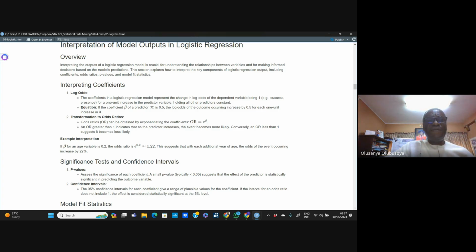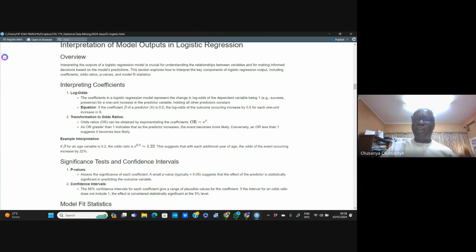If the odds ratio is greater than 1, then it indicates that as the predictor increases, the chance of the outcome we consider as success occurring is more likely.